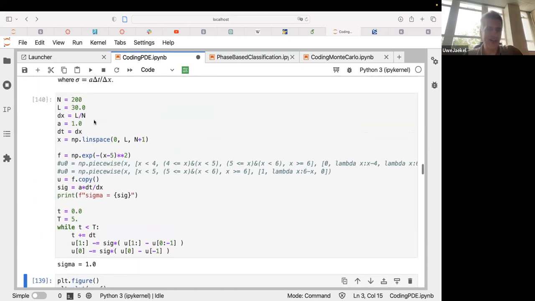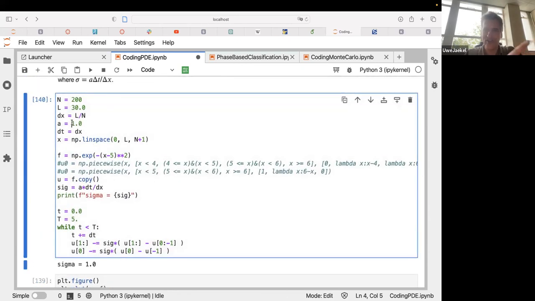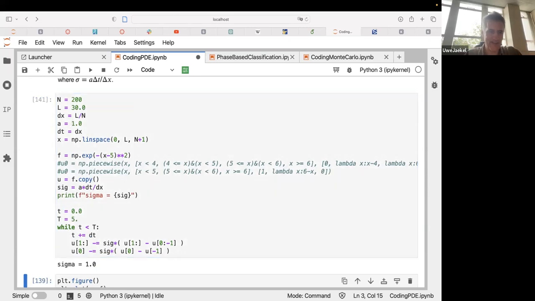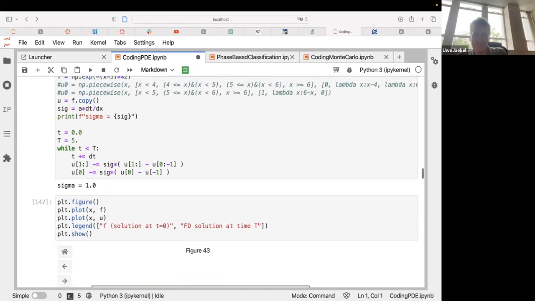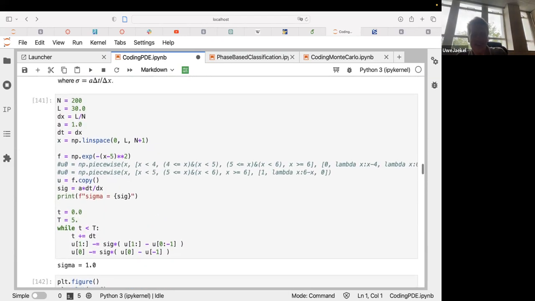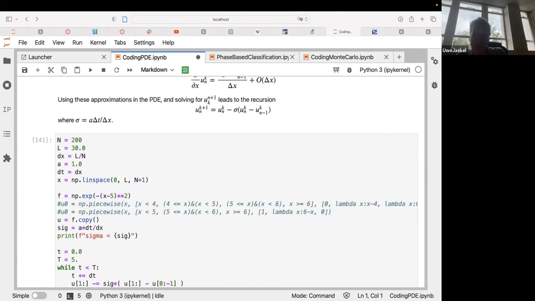Okay, now I corrected it. Now the information is coming from the correct direction, and everything is fine again. But you see, it's not easy without some deeper understanding. I think Abdel's question was completely valid.